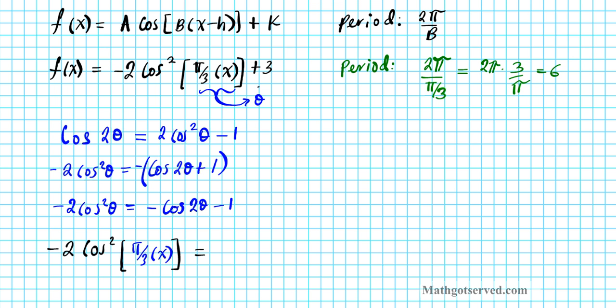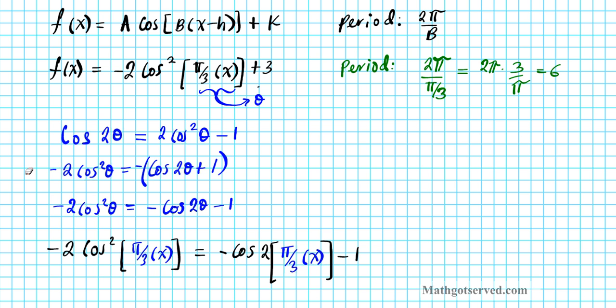Now, what happens on the right side? We have negative cosine 2. Instead of theta, we're going to input the value of theta, which is pi over 3x. Pi over 3x minus 1. So this is the value of negative 2 cosine squared pi over 3x without a square.